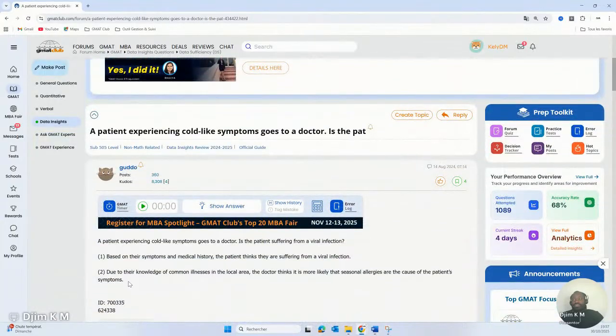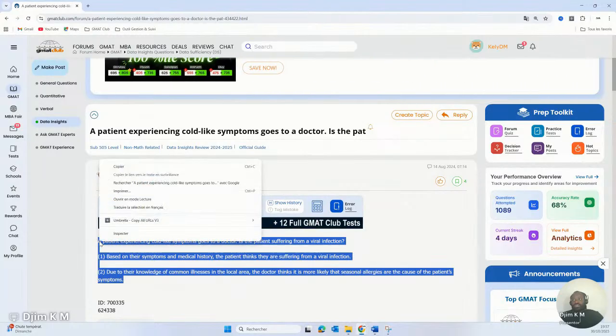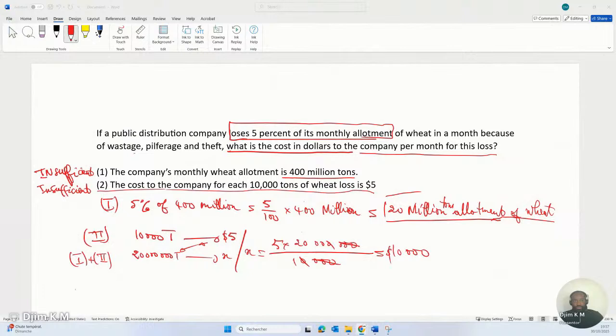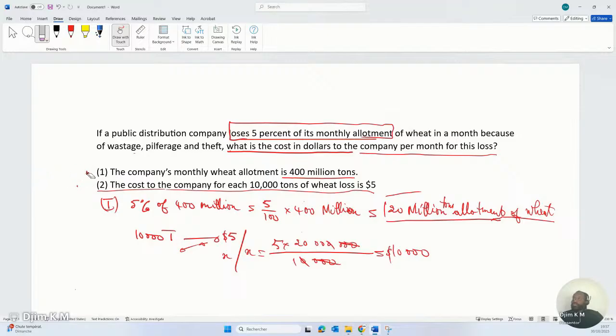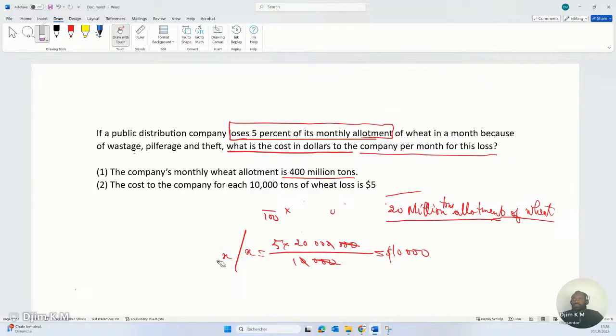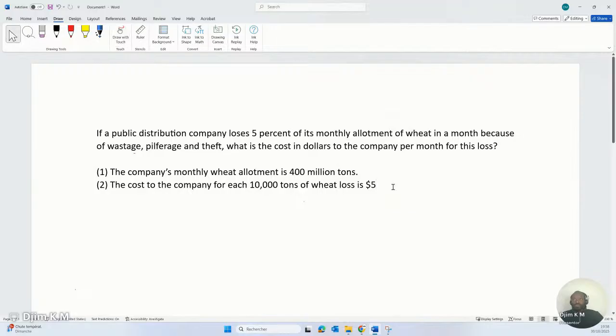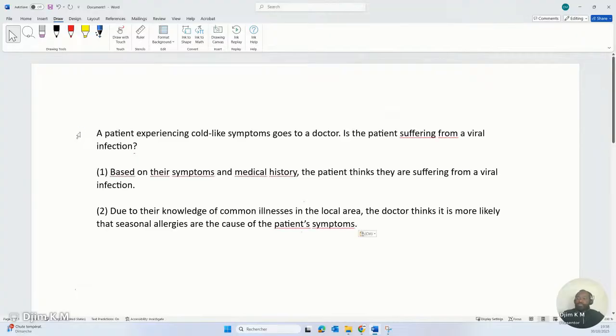Next question. A patient experiencing cold-like symptoms goes to a doctor.